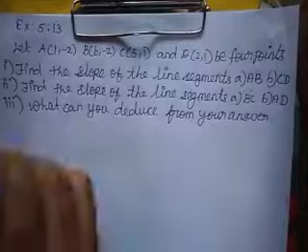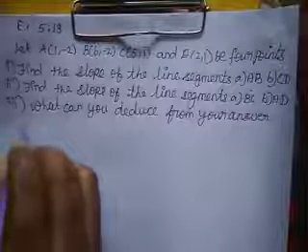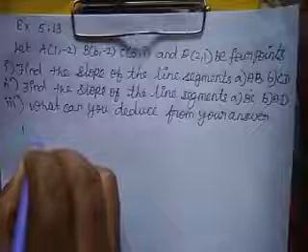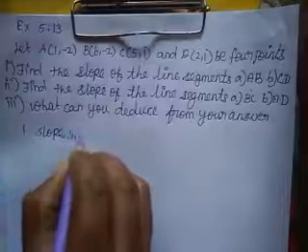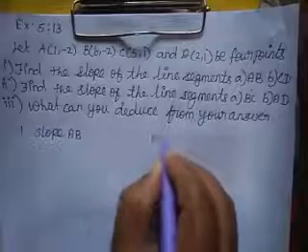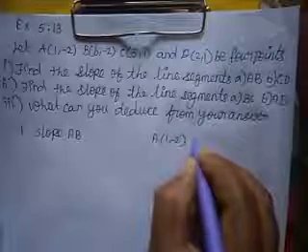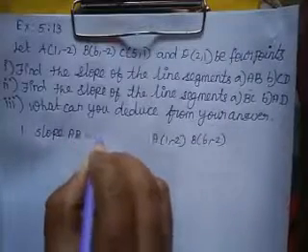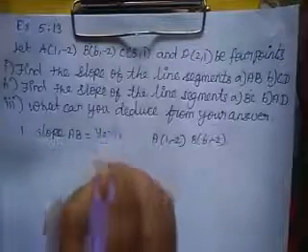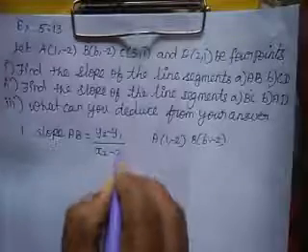So first one, find the slope of AB and CD. Slope of AB. The points A is (1, -2), B is (6, -2). So slope of AB is y2 minus y1 by x2 minus x1.